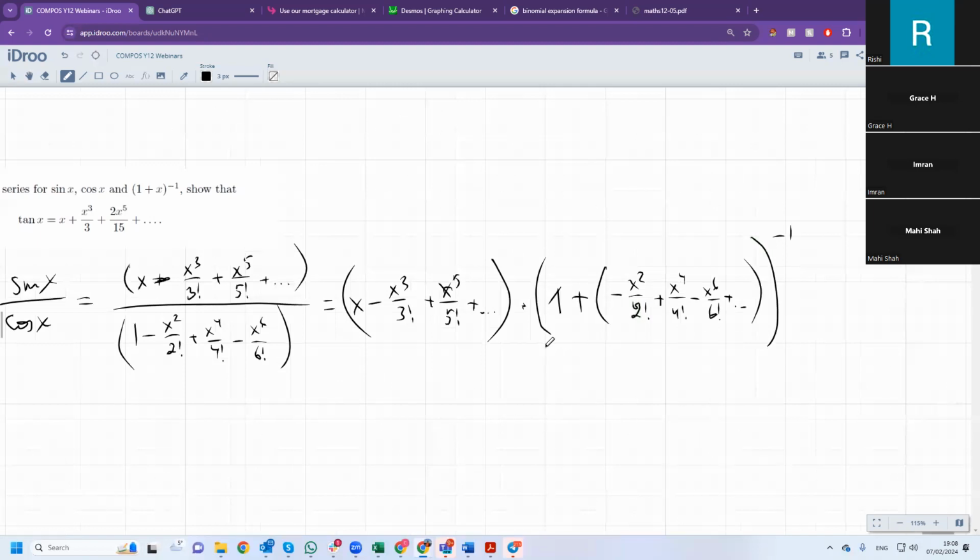Do you see that this is 1 plus x to the power minus 1? So you can use this expansion.